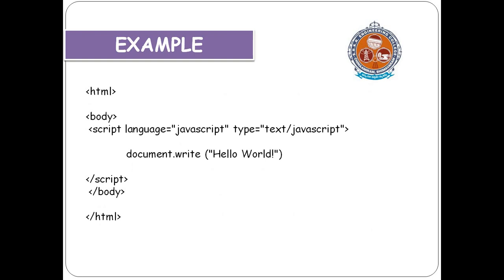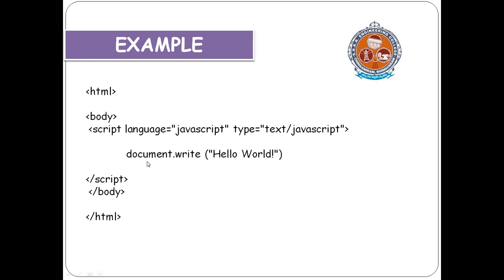Okay, so this is a small example of JavaScript. Our JavaScript can also be written in our HTML, or otherwise you can write our JavaScript externally and embed it here. Here: HTML, body, script language equals JavaScript, type equals text/JavaScript. Here document.write hello.